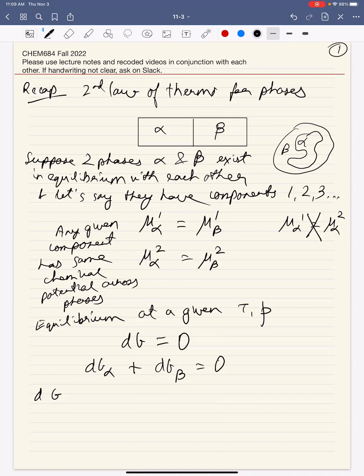T, P, N. You don't get chocolate just like that. You have to tell me more. And do you remember? So G is going to be a function of T, P, and N, right? And what is dG? Do you remember? So I'm asking you to fill up things here.